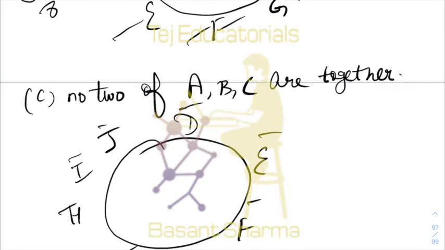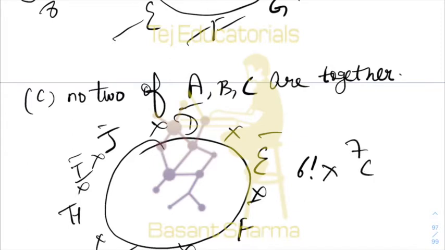What you do is, in this case, first of all, 7 people can be arranged around that circle in 6 factorial ways. Now the important thing to note here is there are 7 gaps created. 1, 2, 3, 4, 5, 6, 7. Select any 3 gaps out of these 7 gaps.